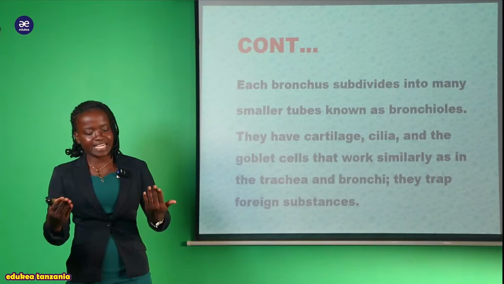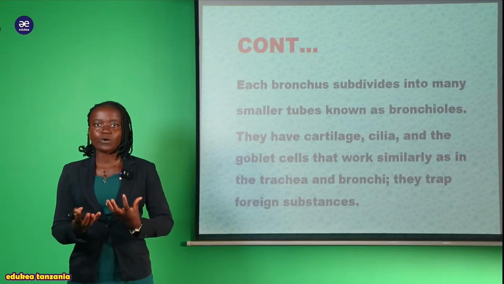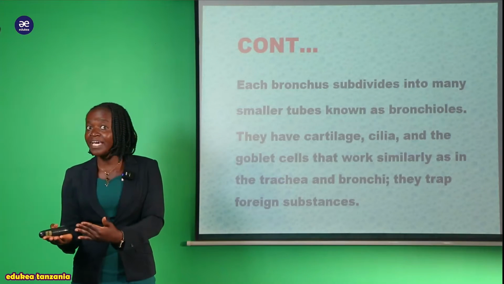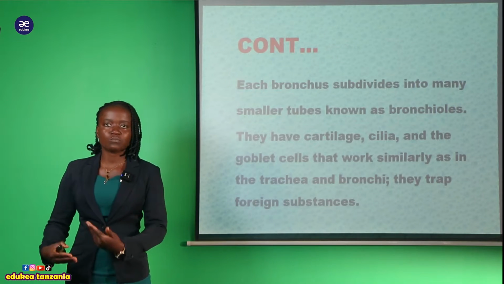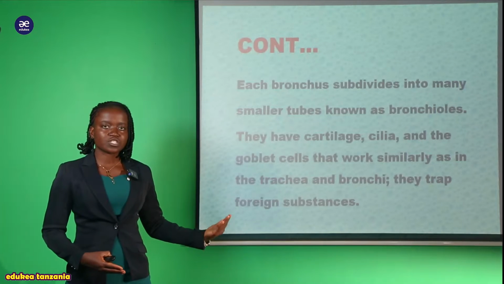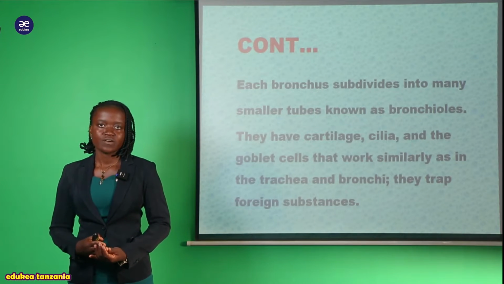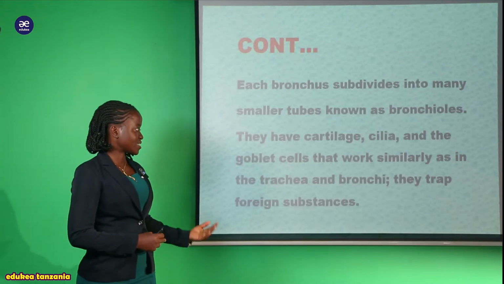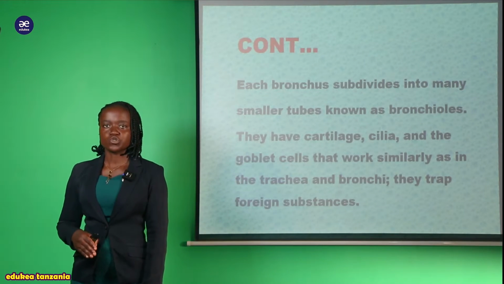So as the air is passing through those branches, it continues to be filtered further. If there is dust that remained, or a microorganism entered accidentally and could not be trapped within the trachea or the bronchi, these bronchioles will work upon that bacteria and kill it. Because if it enters the alveoli, it can cause much bigger problems. So those are the roles of the branching of these tubes.